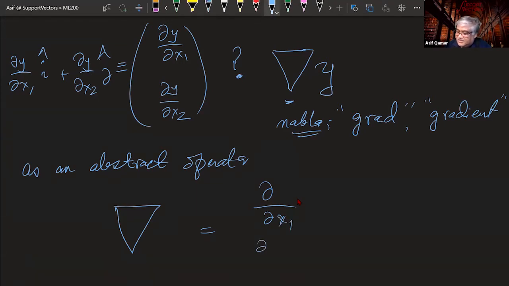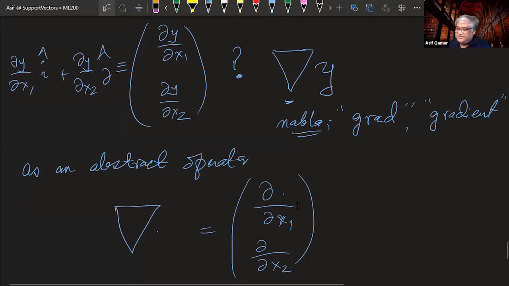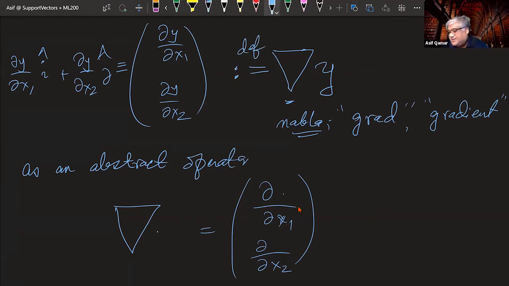Do you notice that this is very funny? A partial derivative of what? You haven't specified that. But if you put y here, it will become this. By definition, this is the partial derivative.